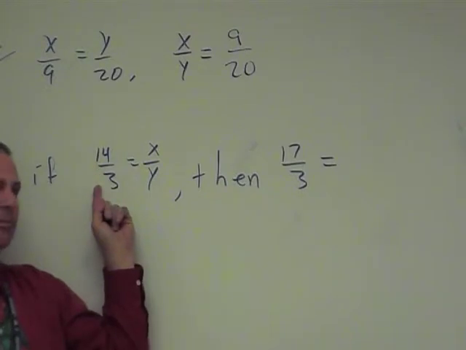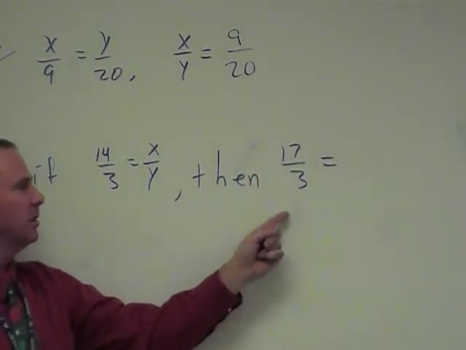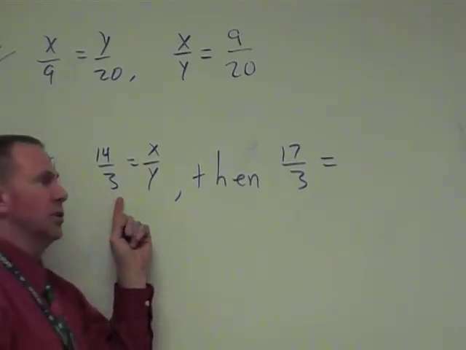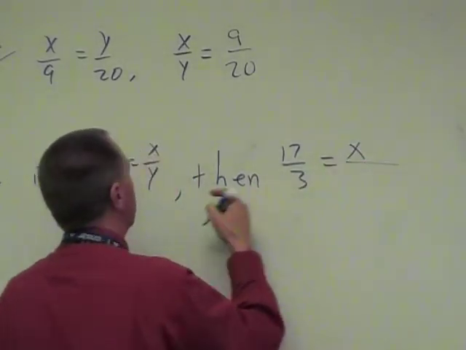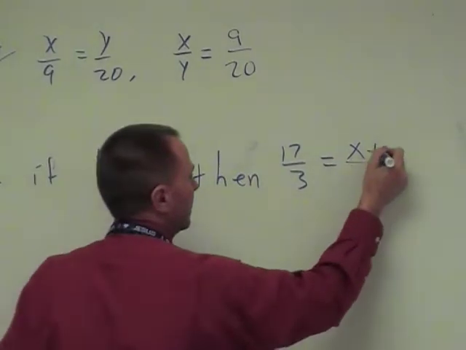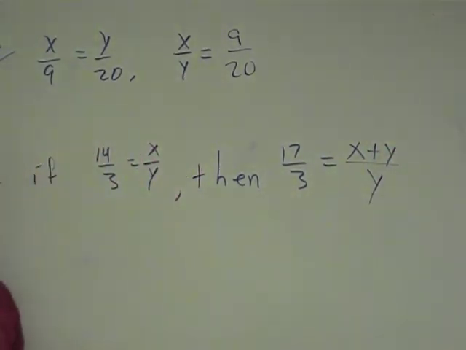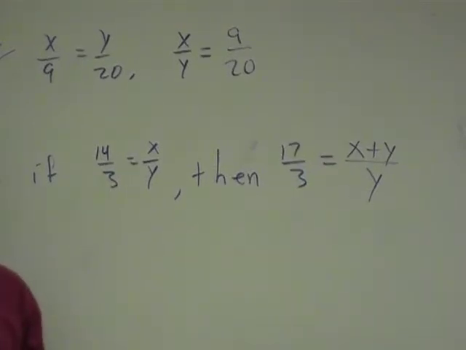So top and bottom gives me 17, and the denominator stayed the same. That's a little more complicated. Okay? So a little inductive reasoning. Doesn't get much more complicated than that.